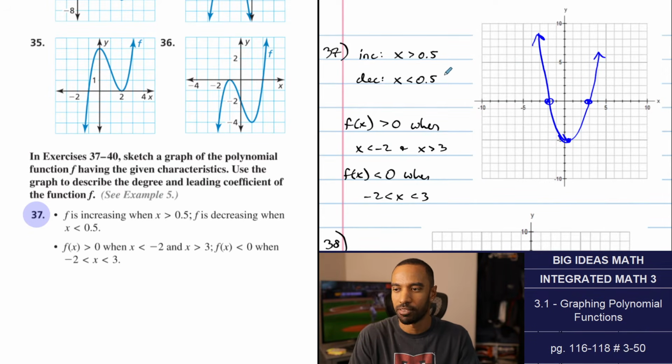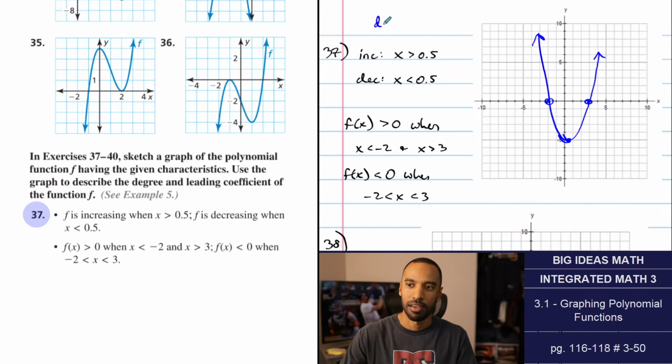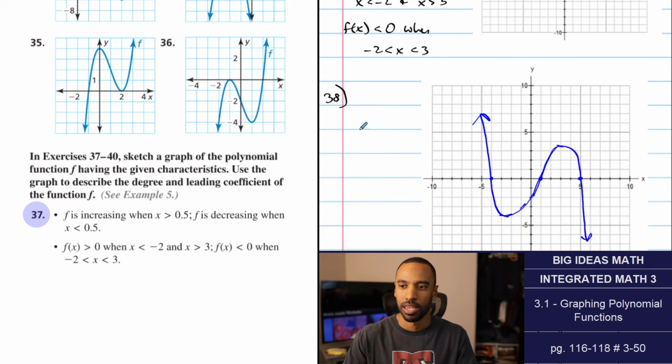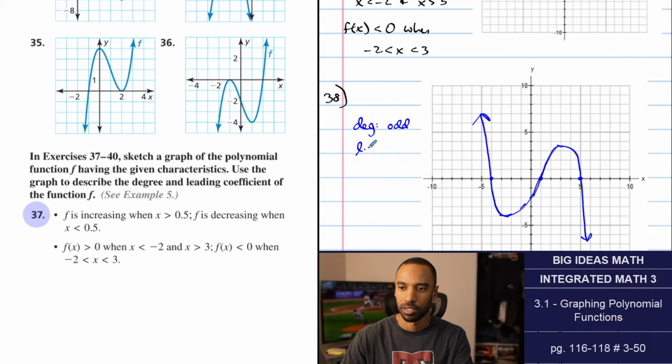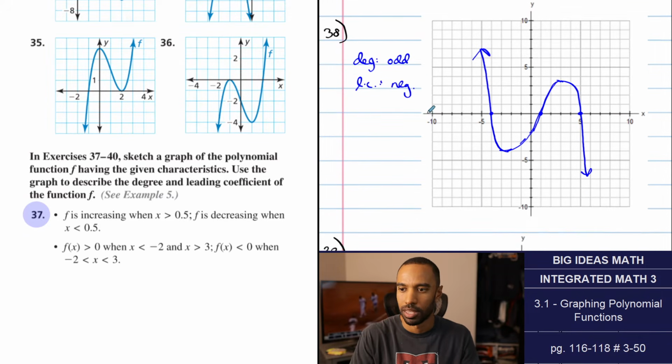So number 37, I have an even degree and a positive leading coefficient. Sorry about that. Here I have an odd degree, an odd degree, and a negative leading coefficient. I guess I should have looked up the things here.